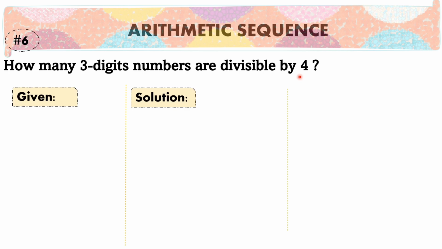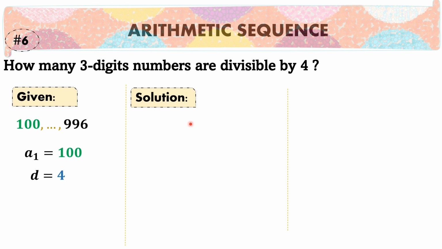Given: the first 3-digit number that is divisible by 4 is 100, and the last 3-digit number that is divisible by 4 is 996. Therefore, A sub 1 is 100, D is 4 because it's divisible by 4.